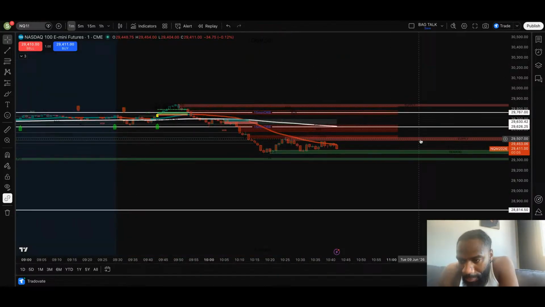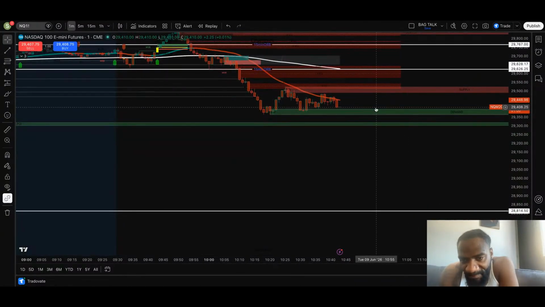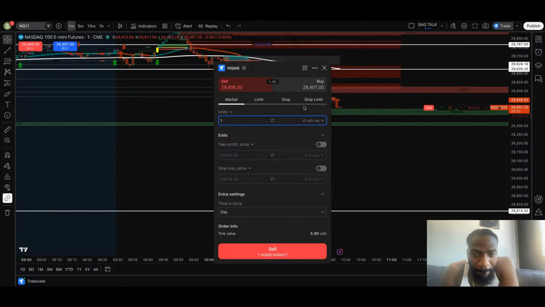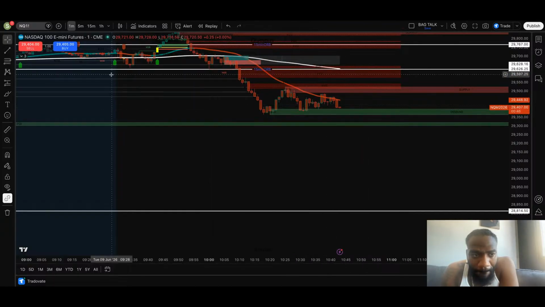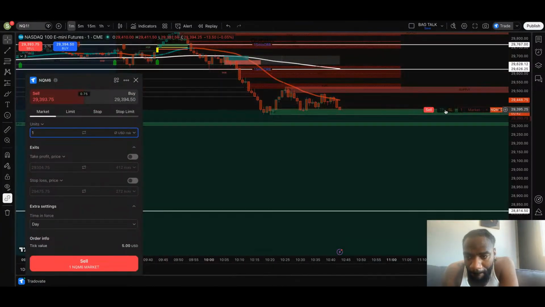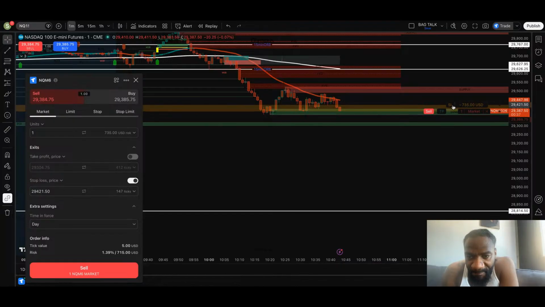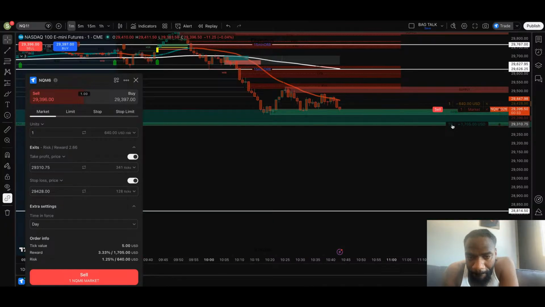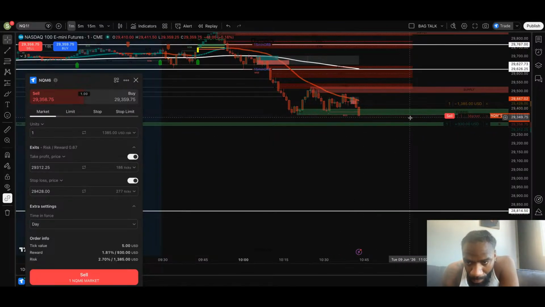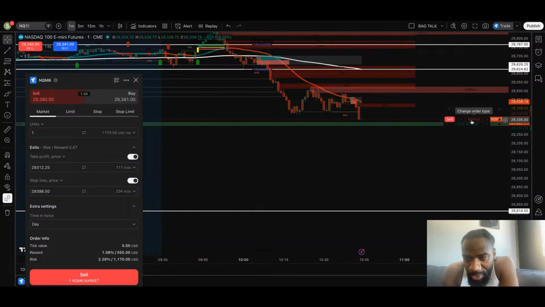Try to see if I can find a good entry off the slower time frames. Because we got to break a structure. I still didn't decide to pull the trigger for some reason.